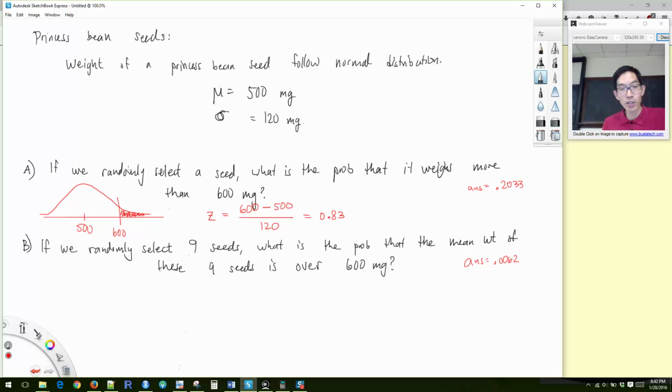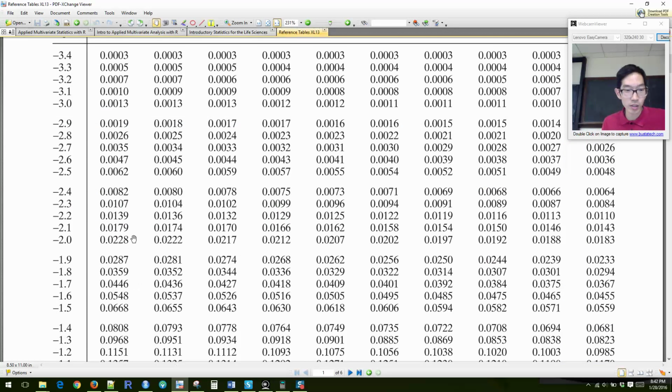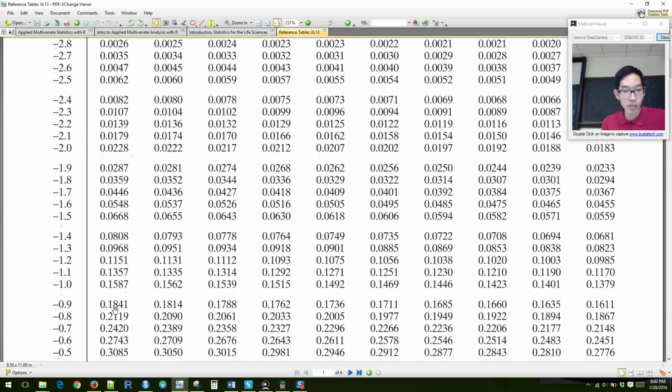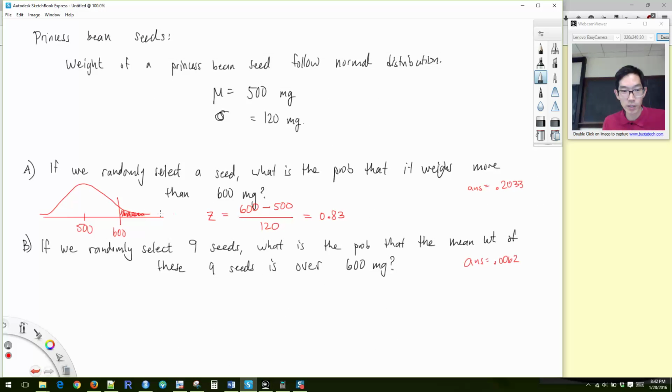I could look up the area to the left of 0.83, or I can look up the area to the right of negative 0.83. Okay? So I'm just going to go to negative 0.83, and I get 0.2033. Okay, so this area is 0.2033. Okay. Are we okay with part A?